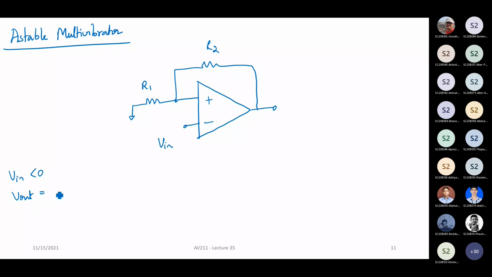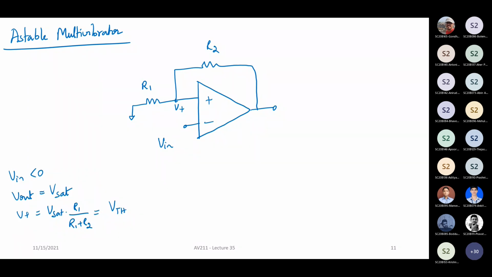It will be plus VSAT. And then what will be this V plus node? It will be VSAT multiplied by R1 divided by R1 plus R2. Correct. Let us call this VTH, correct?